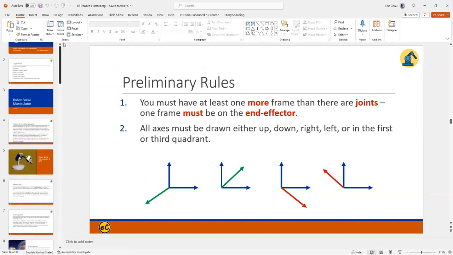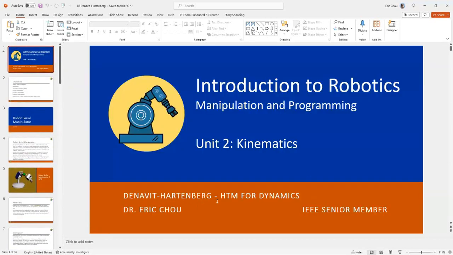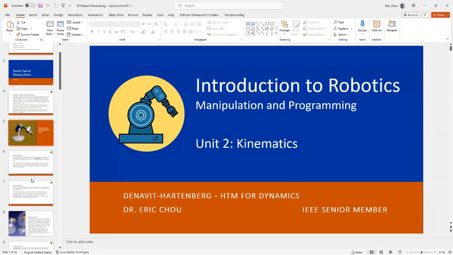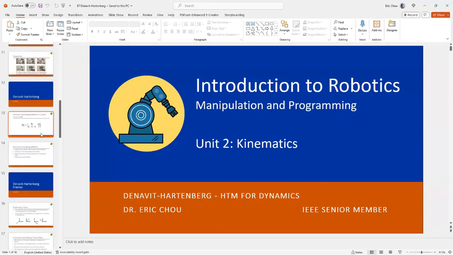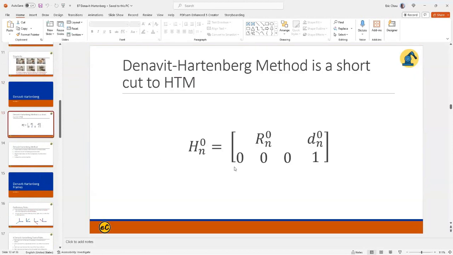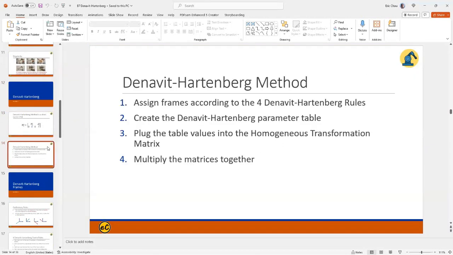So this Denavit-Hartenberg table is how to systematically set up this transform matrix. There are 4 rules you must remember.